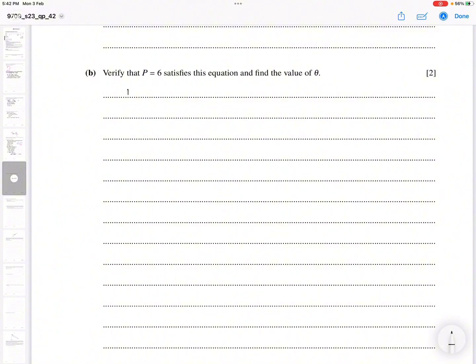From the previous part, I'm writing it again: (14.4 over 30 minus P) whole squared plus (28.8 over P plus 30) whole squared is equal to 1.